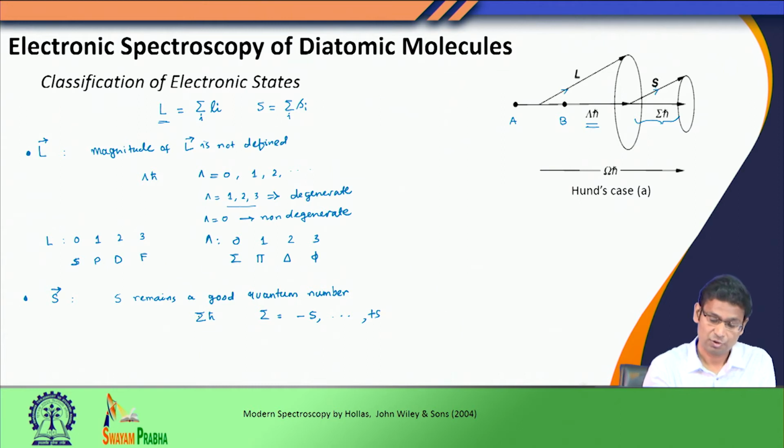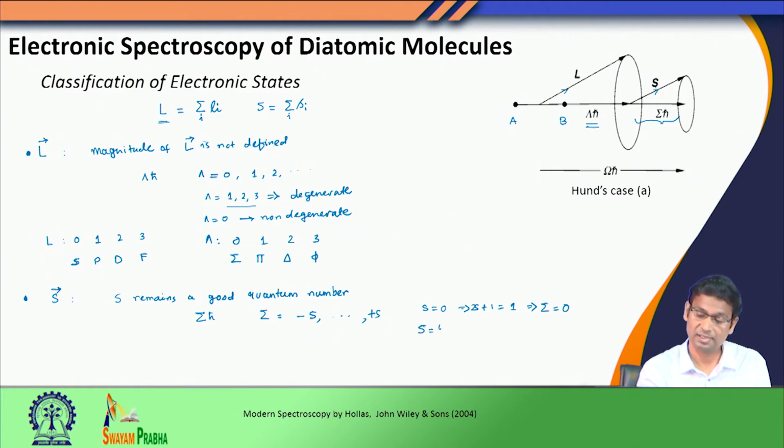Suppose we have spin S equals 0, which is a singlet state: 2S plus 1 is 1. We have only one value of sigma, and that is 0, from minus 0 to plus 0.